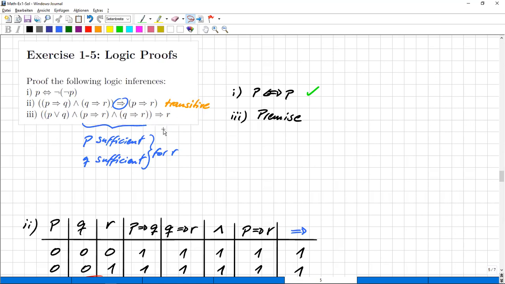So if R is false, I can conclude backward that Q and P must both be false. And so this AND is already false. Neither this nor this would be true. And since Q and P are both false, the OR will also be false. So in the end, this AND this is 0 and 0 and 0.